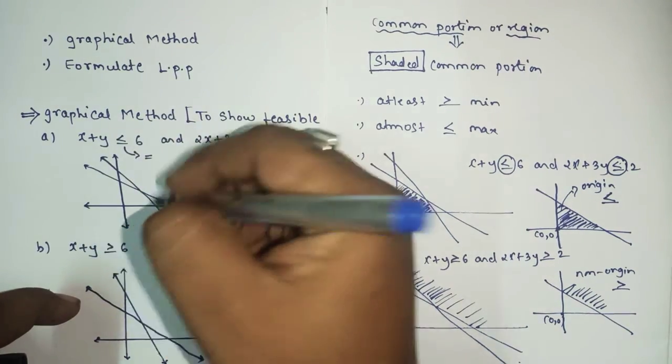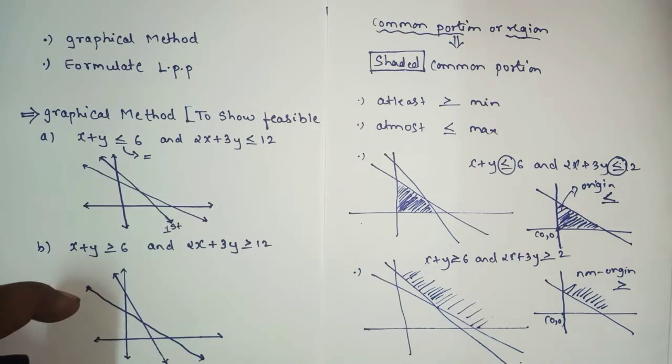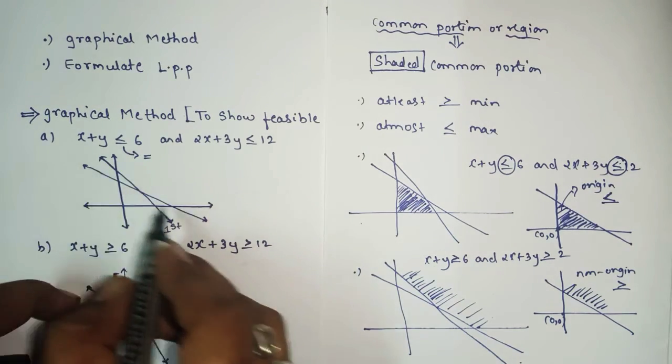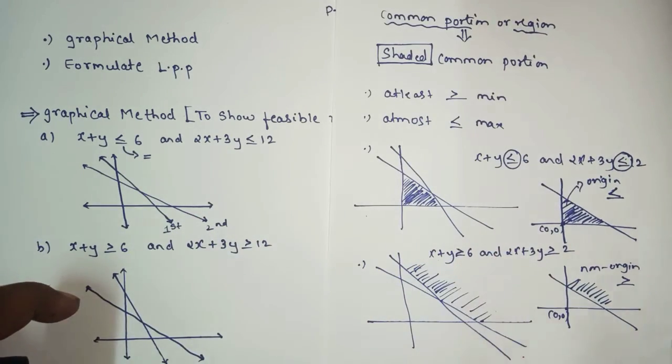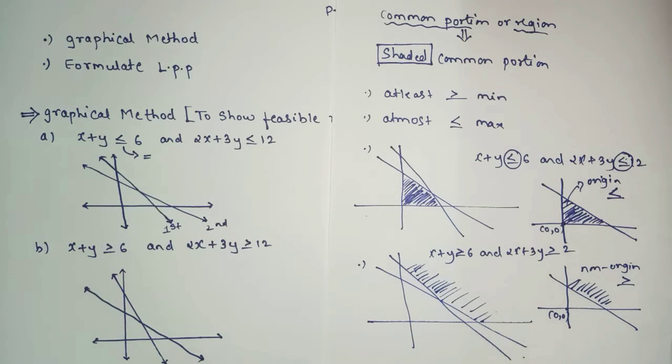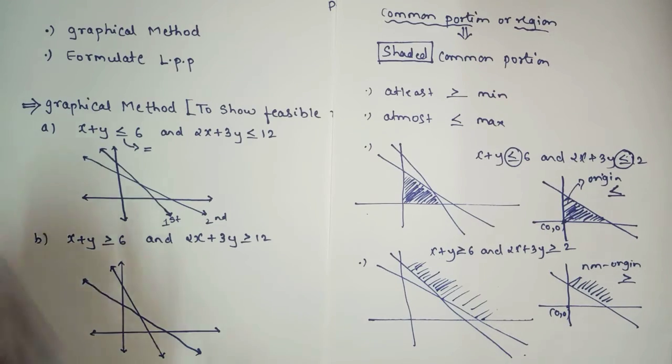So this line will be considered as the first one, and this will be considered as the second equation. Okay, now what is the proper concept? I will explain. This was the shortcut technique; now we'll see the proper concept.